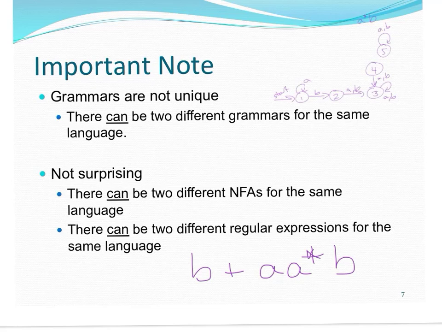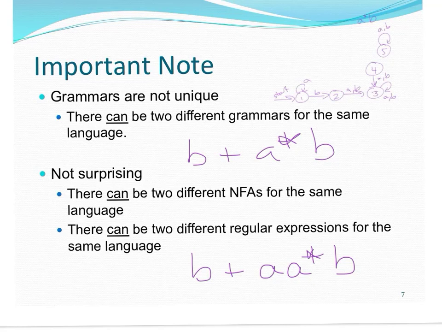So you can have a B on its own, or an A followed by 0 or more A's followed by a B. I mean, that's a regular expression. Another regular expression for the same language is just B plus A star B, right? Because it doesn't make a difference if we repeat something. These are all perfectly reasonable.